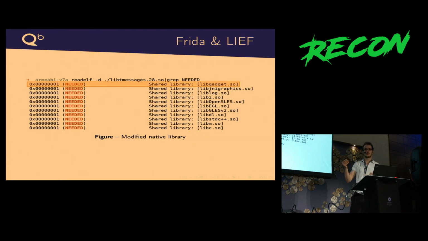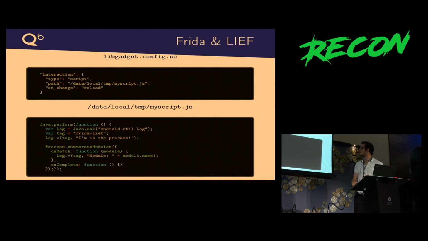And just by running the APK, the loader will load all these libraries, especially libgadget, which also contains a constructor. This constructor will look for the Frida script, load it, and do the instrumentation of the application. So here is the configuration file of libgadget.